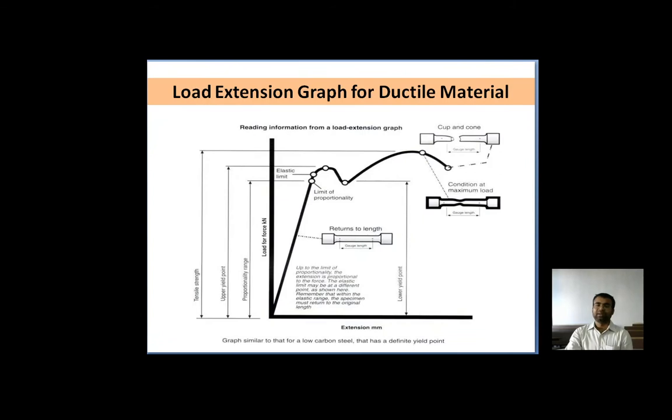After passing this elastic range, the material undergoes yielding, and that yielding never allows the material to regain its shape again, and that is how the total elongation and deformation in a ductile material takes place.